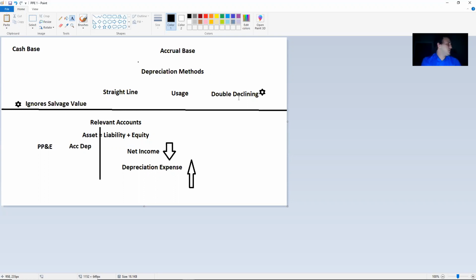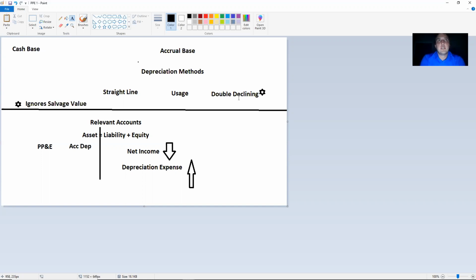And then for certain assets, if you notice that when you go out and purchase anything from the store or your Christmas presents, when you first get that, you're going to be using it a lot more often than as it gets older.